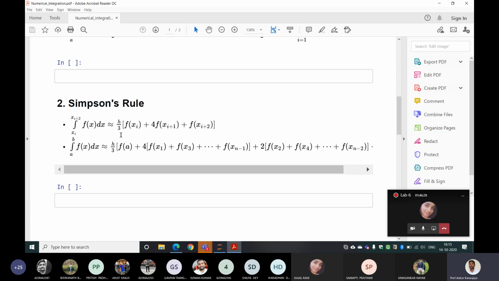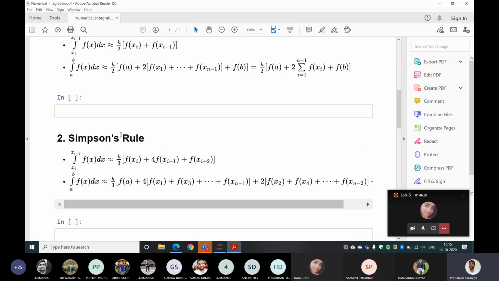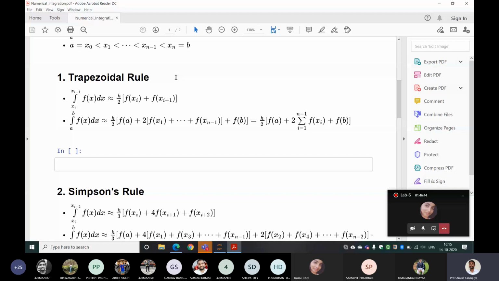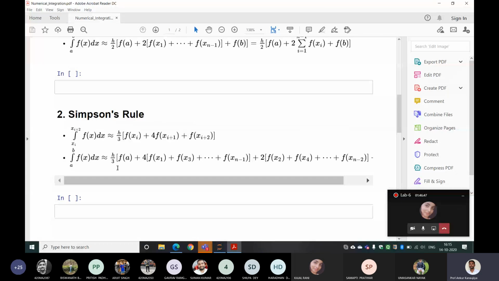So we'll divide the interval the same way, but we'll integrate 0 to 2, then 2 to 4, 4 to 6. So in the case of Simpson, n must be an even number, and in each interval we apply this Simpson formula. Once we add all, we get 4 times this, 2 times this, multiplied by h by 3. You can write this in summation form.